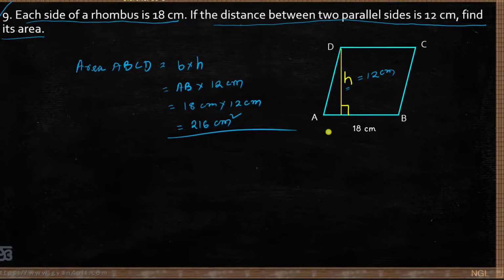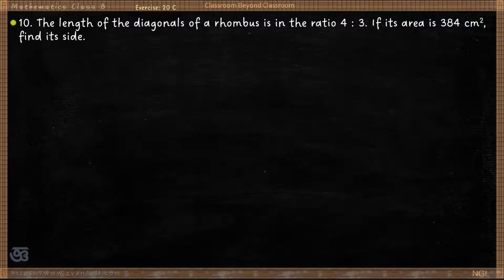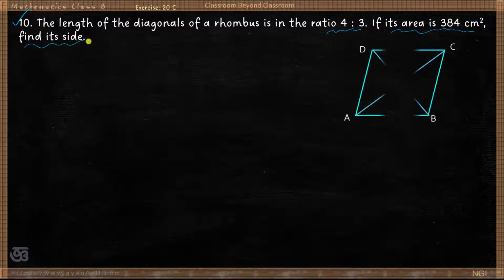Question number 10. The length of the diagonals of a rhombus is in the ratio 4:3. If its area is 384 cm square, find its side. ABCD is a rhombus and both the diagonals intersect each other at right angles.